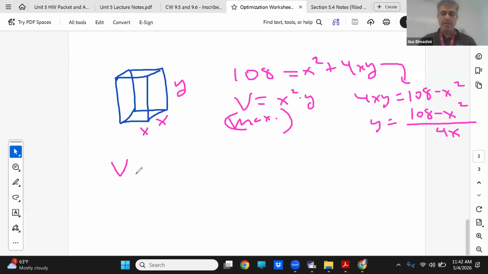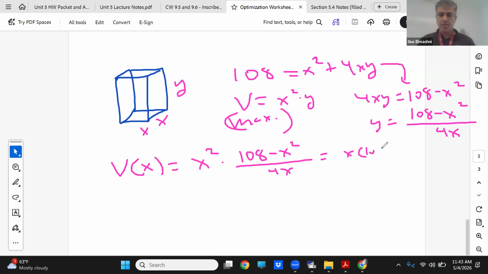So my volume in terms of x, let's clean it up. You should get x times (108 minus x squared) over 4, because the x's cancel, right? And you could probably go a little further with this.